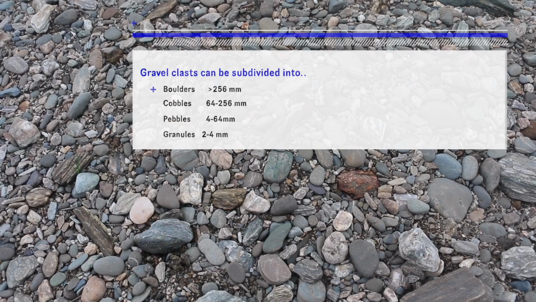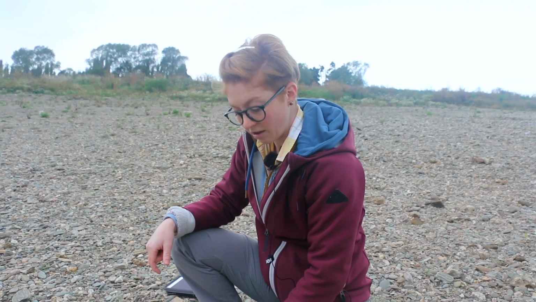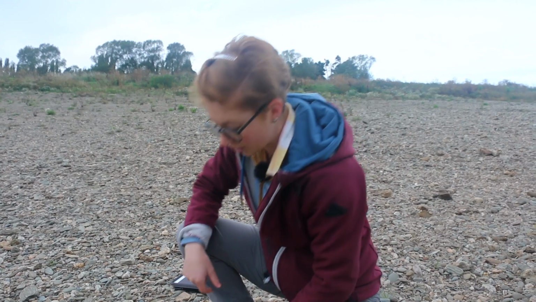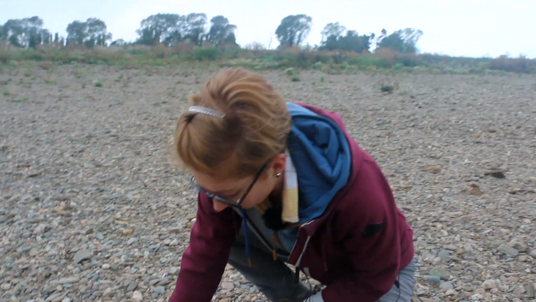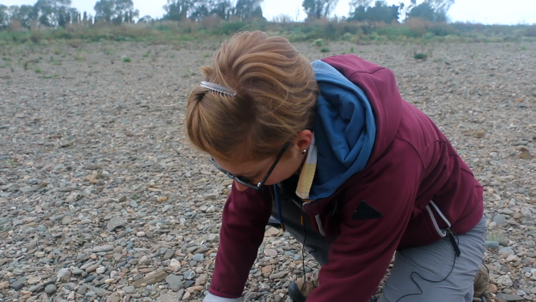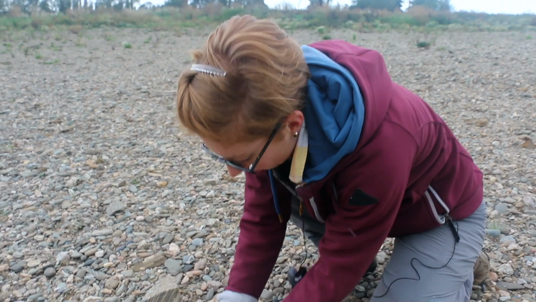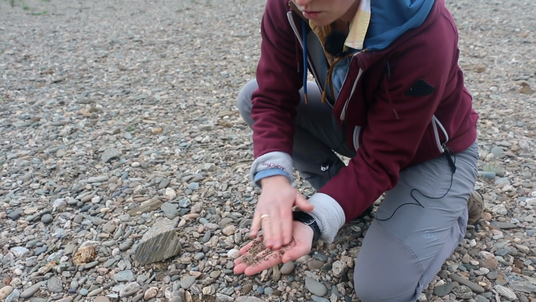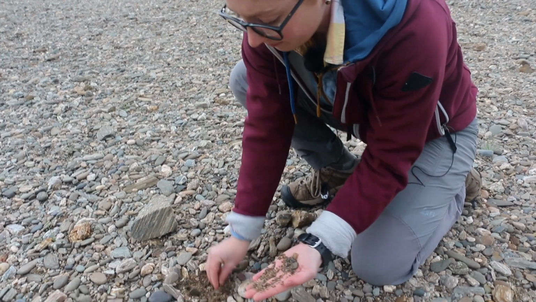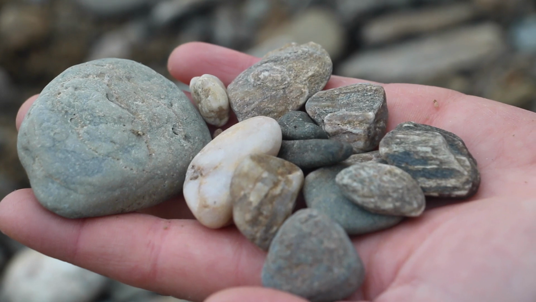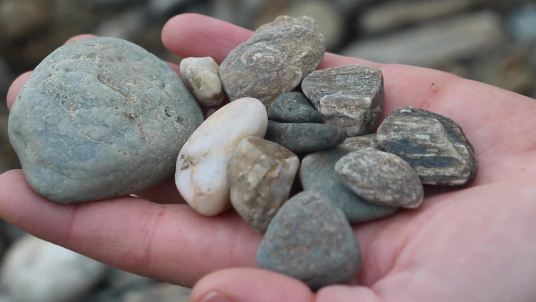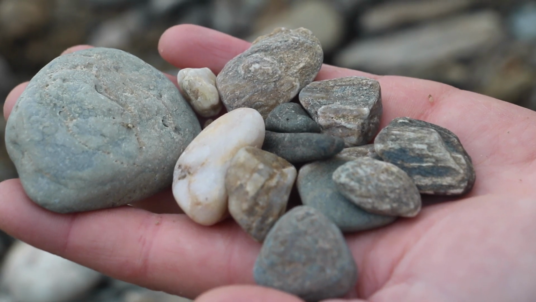So, in terms of the grain sizes that we have here, there's a pretty big mixture. We've pointed out some of the larger clasts here, but in between them, we've got a bunch of granules and maybe even coarse sand right here. Moving on to the next class size up, we're still in gravels, but now we're looking at pebbles.